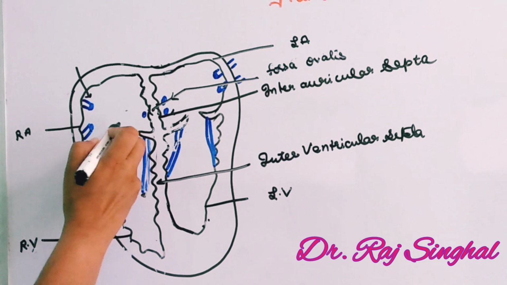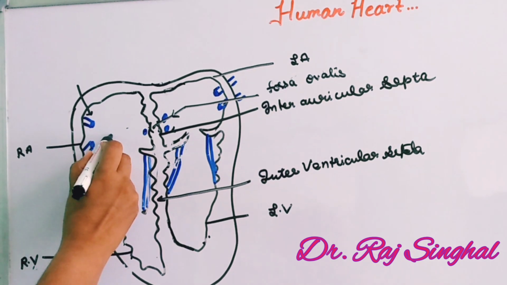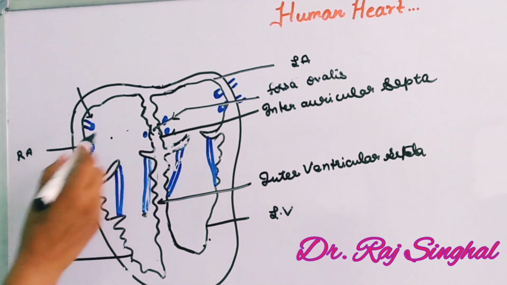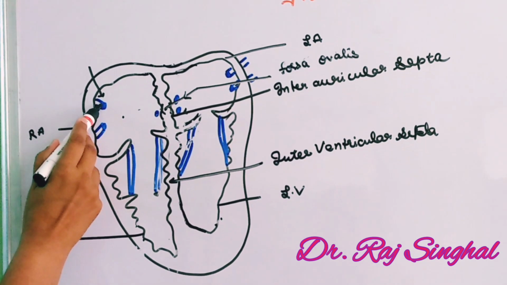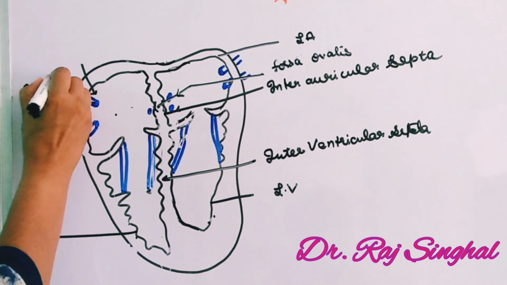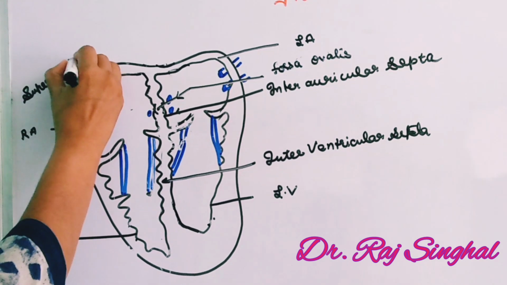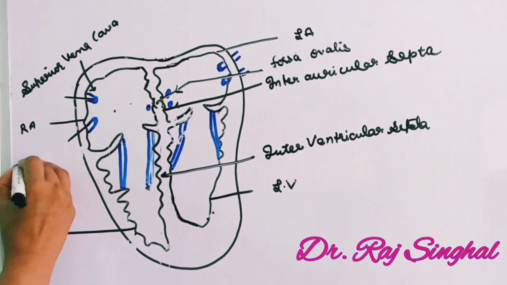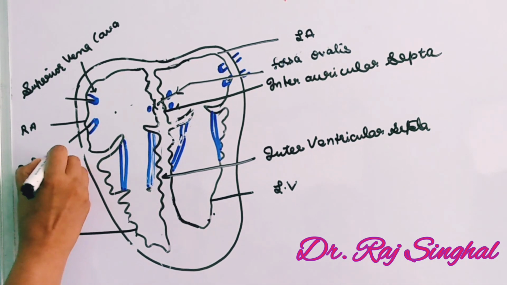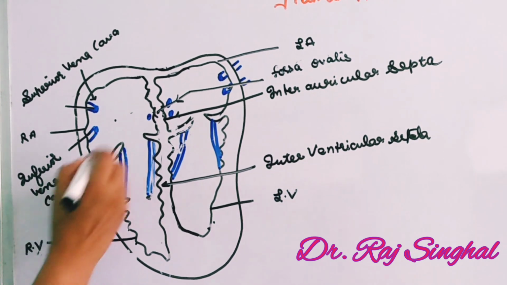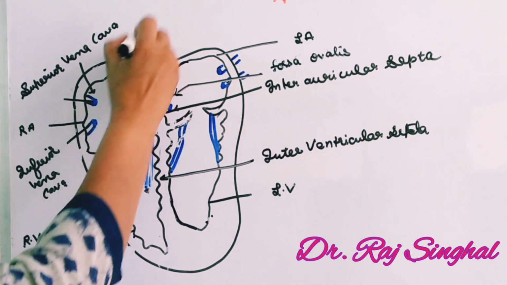Now, the right auricle is a receiving chamber which receives the blood from three main vessels, that is superior vena cava, inferior vena cava, and coronary sinus.